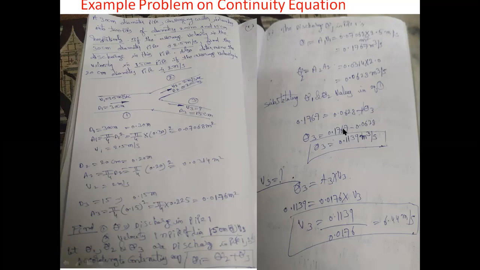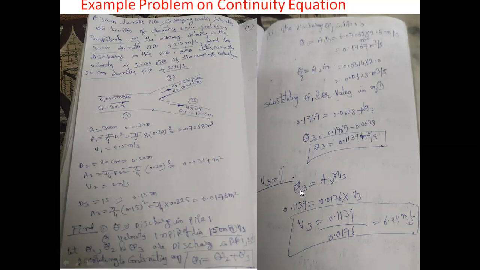Q3 equals Q1 minus Q2, which is 0.1767 minus 0.0628. Finally Q3 equals 0.1139 meter cube per second. By using the continuity equation, we found the Q1 and Q2 values, and based on that we find the Q3 discharge at the pipe.